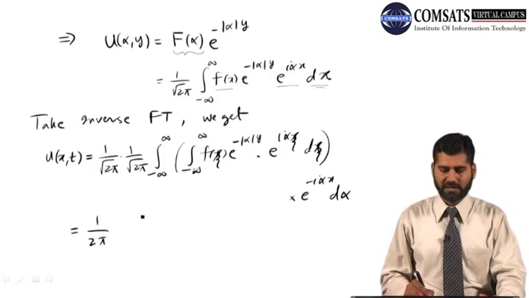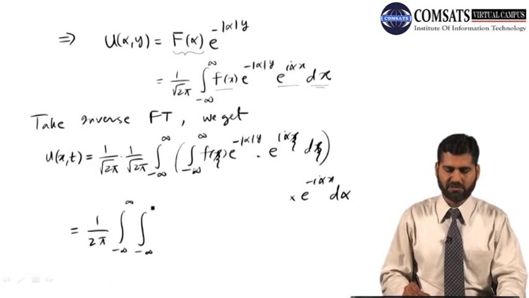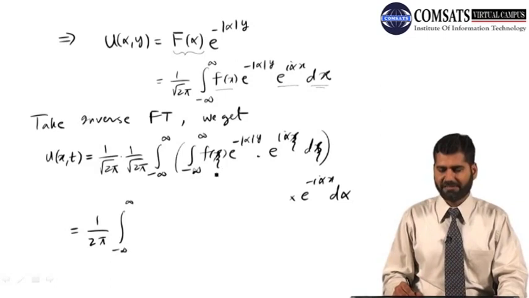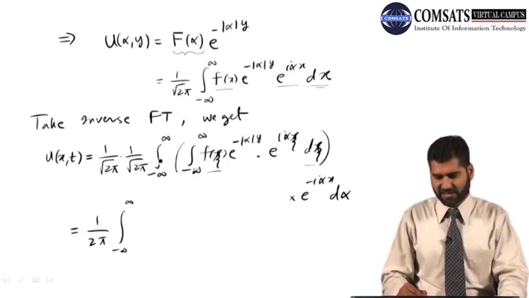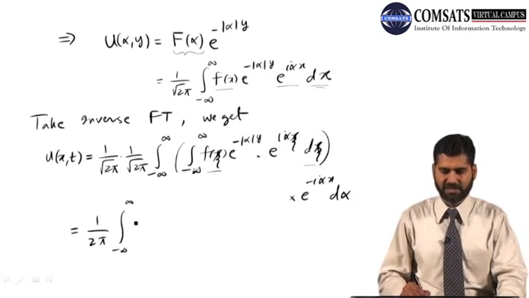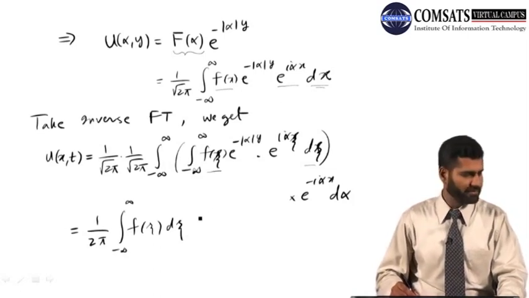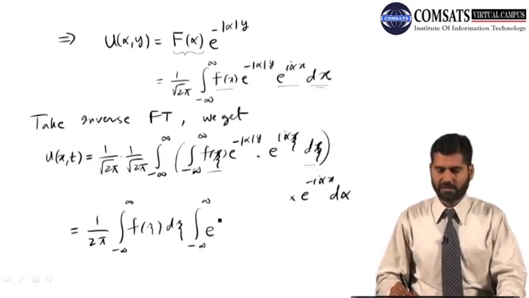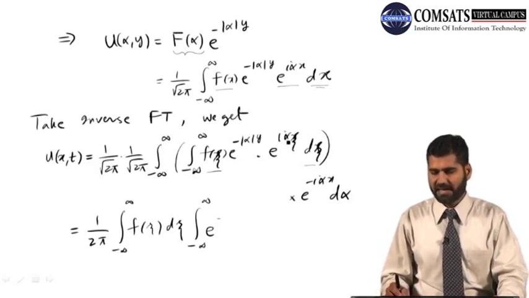Alright, so what you can write is the integral from minus infinity to infinity of f of xi d xi, which is not in this integration. Let's say f of xi d xi can be brought out, because I can keep this with this integration, f of xi d xi, and then you have the integral from minus infinity to infinity of all the other things, e to the power iota xi and iota x.